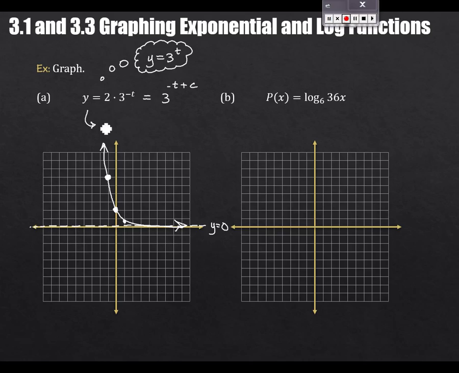Let me challenge you with this, because that's kind of a tricky question. I'd like to be able to write 2 as a power of 3. Can someone answer me this question? 2 is equal to 3 to what power? It's easy to ask. Hard to answer, maybe. What is that? Not a nice number.